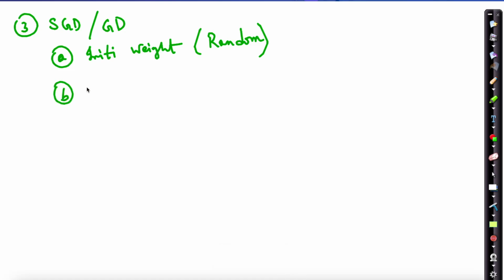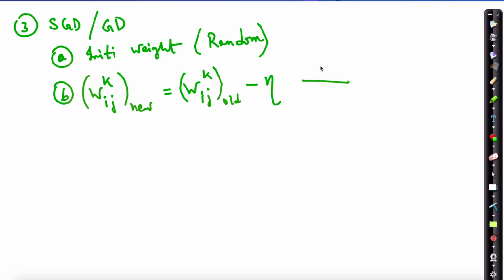The second step is the update rule: W_ij^k new is equal to W_ij^k old minus eta times dou L by dou W_ij^k. This is very simple.